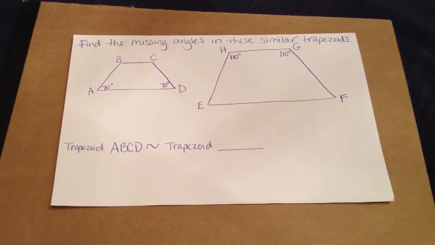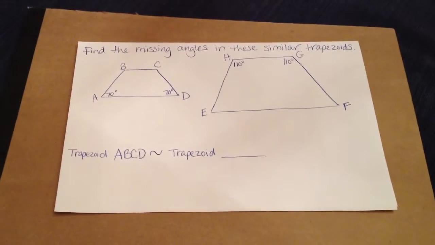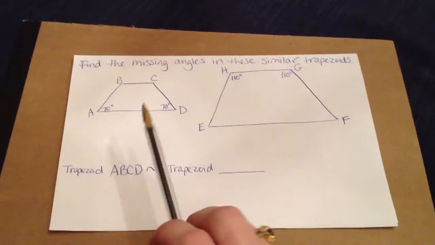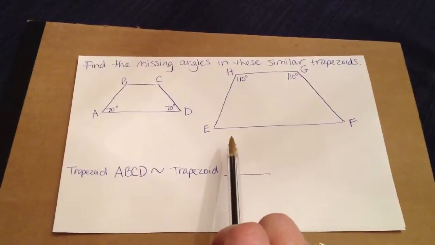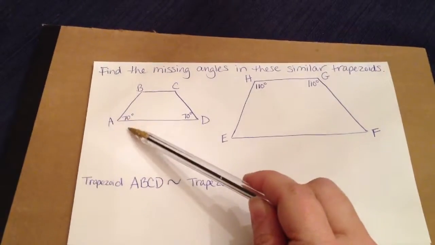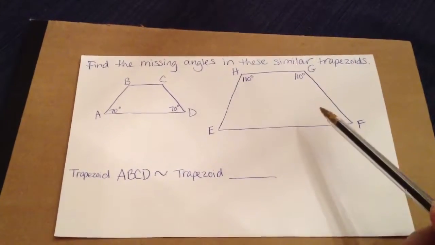The second thing that you need to know about similar figures is that if we know that we have similar figures, we can also determine the angle measurements based on the corresponding angles.